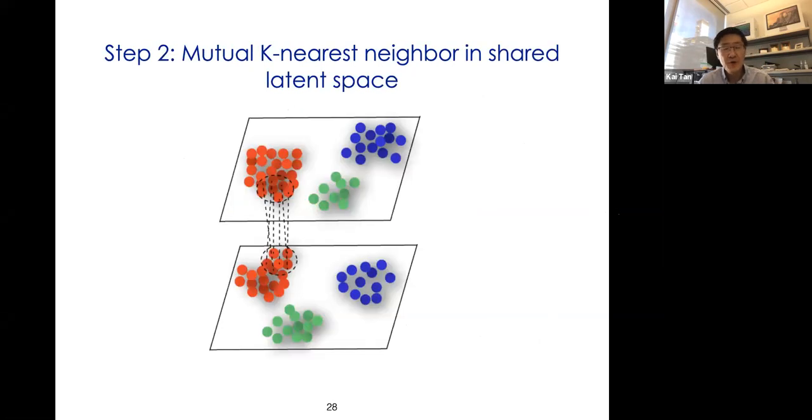Then we try to match the cells from different modalities in this latent feature space. For instance, this could be single cell RNA-seq data and this could be ATAC-seq data. We use the mutual K nearest neighbor algorithm to do this, but in the latent feature space.